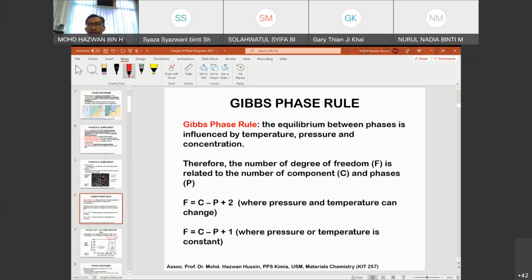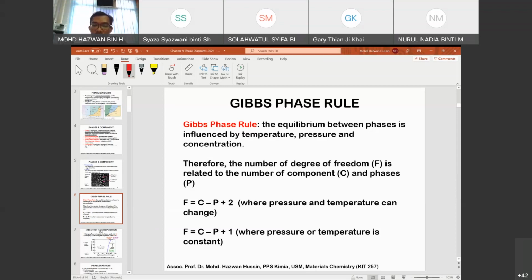So before we discuss further about the requirements for how you want to produce an alloy, maybe we can look into the Gibbs phase rule. The Gibbs phase rule explains that the equilibrium between phases is influenced by temperature, pressure, and concentration.